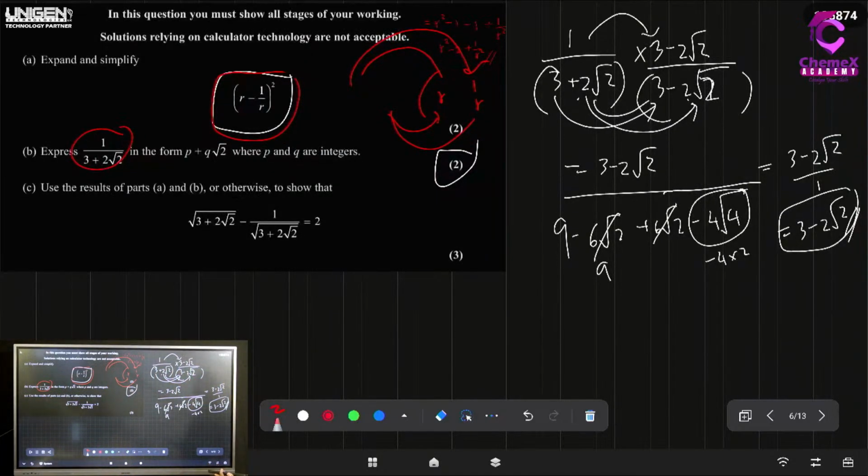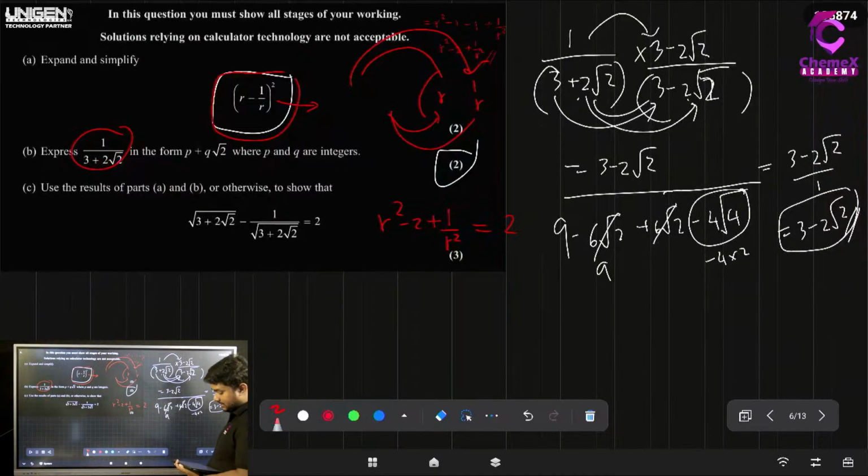So how do you find it? Previously we wrote an equation. If you expand this, you get r squared minus 2 plus 1 over r squared. That is equal to 2 in this case. Do you understand or no?